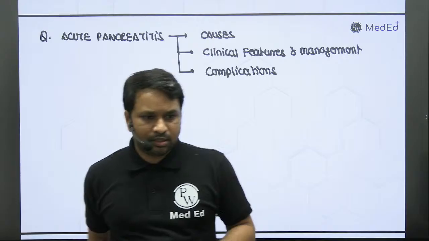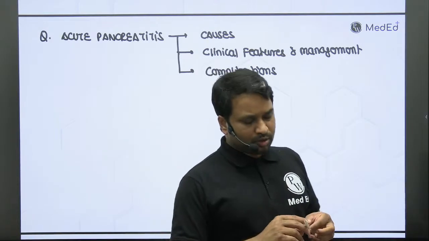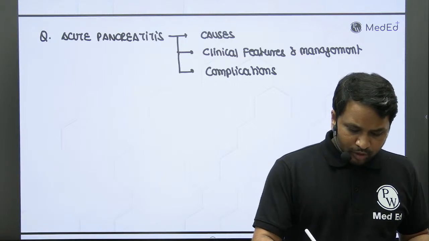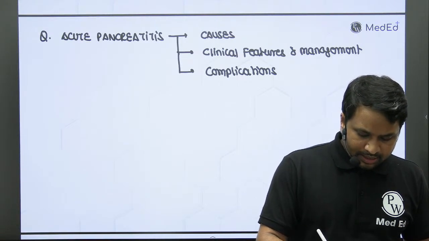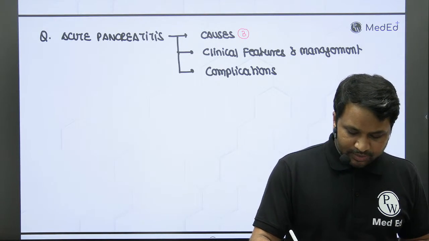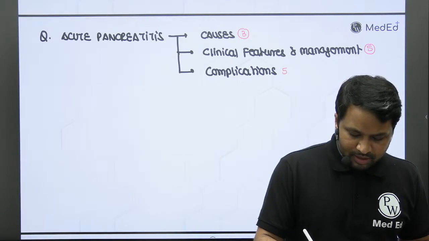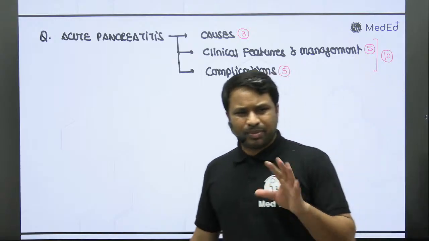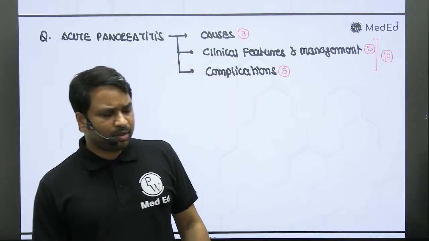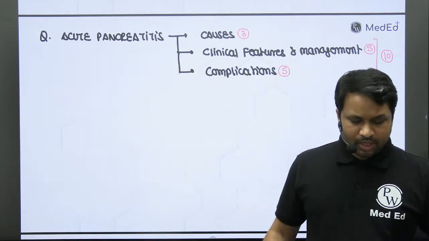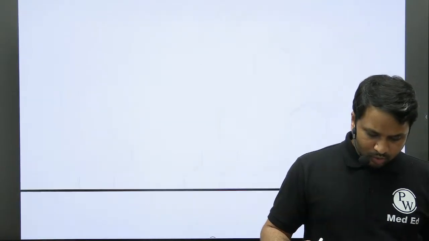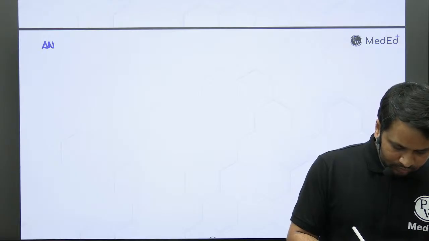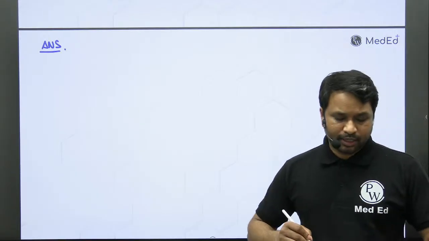Again, in a single framework, we'll try to summarize all the answers. If you talk about the marks distribution, the causes, the entire list, was for 3 marks. The features and the management was 5 marks. Complications was 5 marks. There's a question which had a combination of both, which is going to be for 10 marks. So pancreatitis per se is important, especially acute pancreatitis, right? So let's talk about how to write the answer for acute pancreatitis.